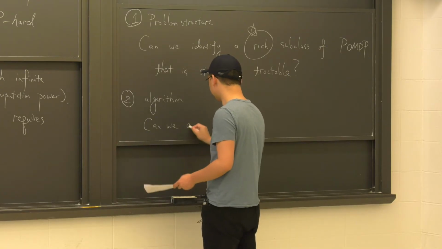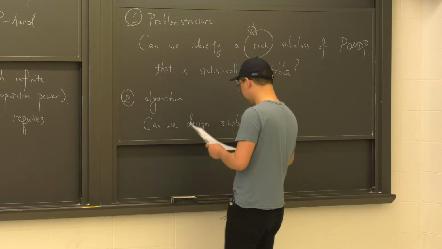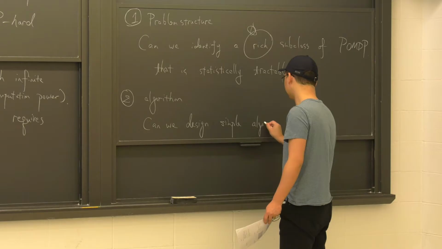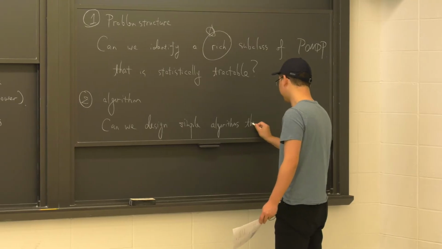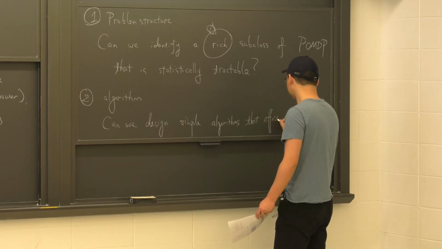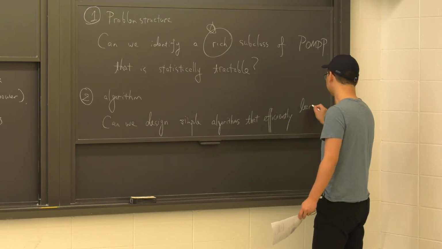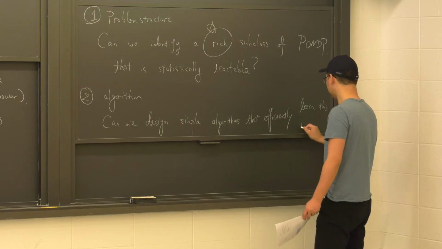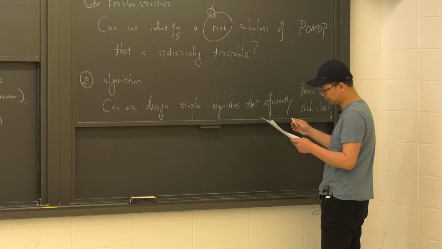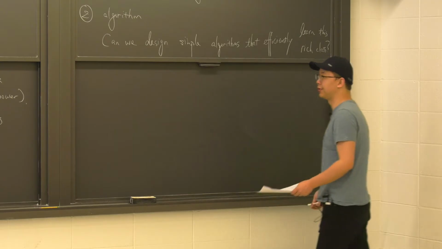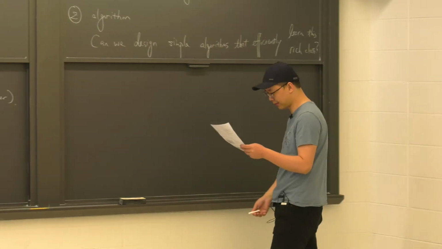So the question we ask there is, can we design a simple algorithm that efficiently learns this rich class? Today we'll talk about both perspectives, the problem structure and the algorithm. We'll focus on the problem structure first.